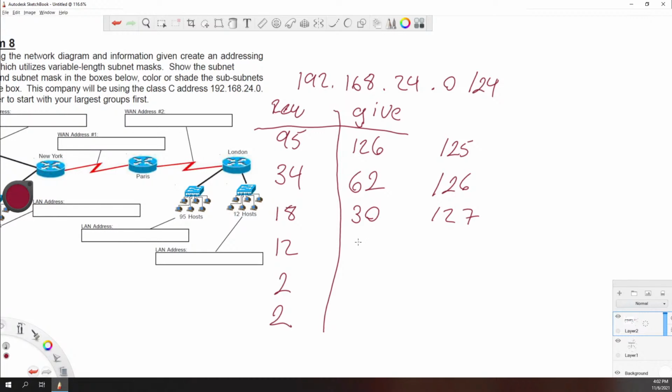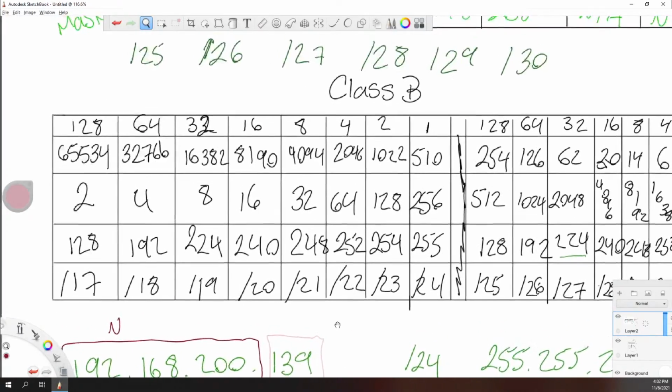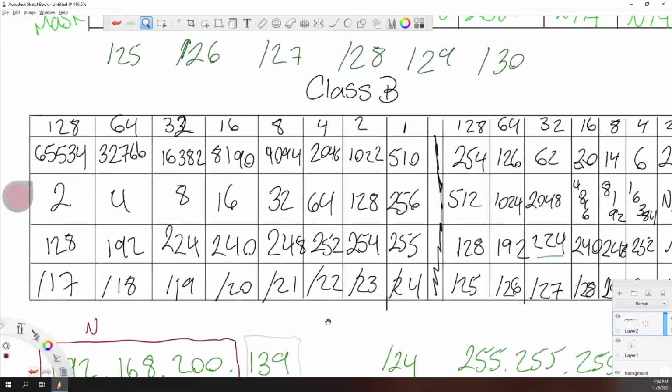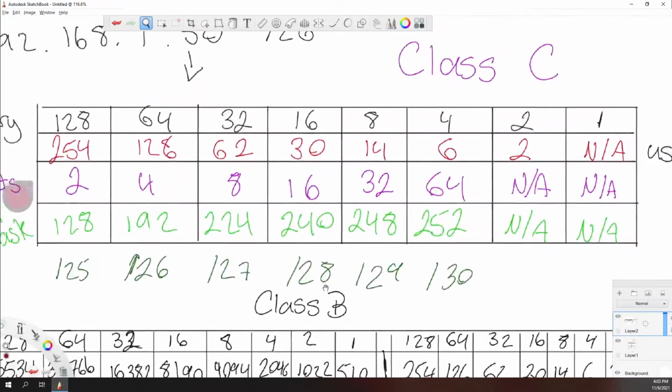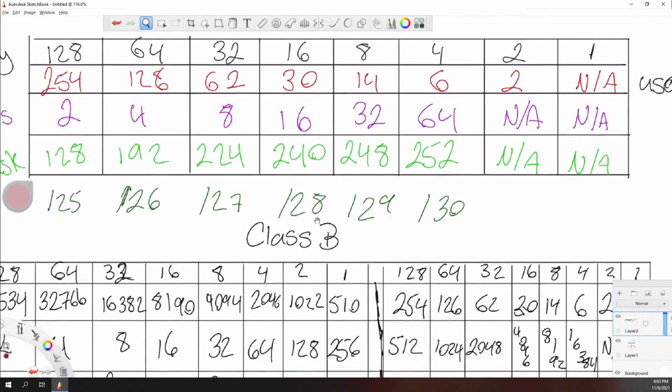This one here, we're actually going to be giving it 14, if I recall correctly. Let me just go back up and check. Yeah, 14 usable hosts.